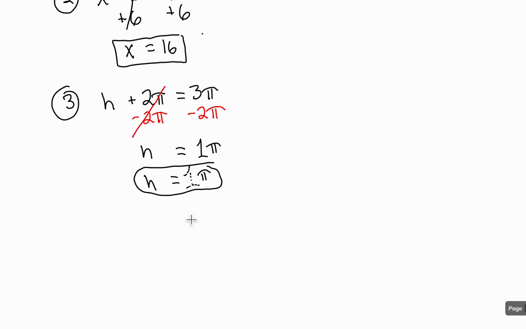Now, where it gets a little bit more complicated, with example number 4, is when we get to multiplying and dividing. So it acts similar but different. So if we start with negative 3/4 x, this helps me think, oh, I want to get x by itself.